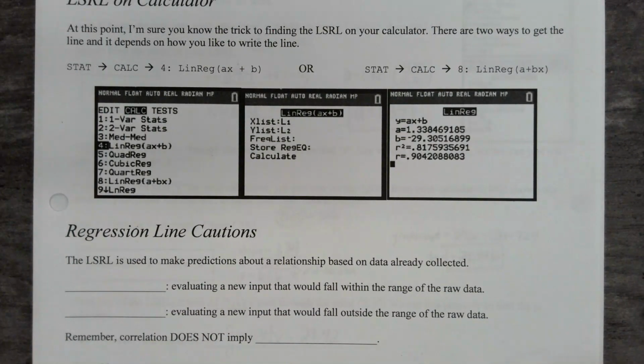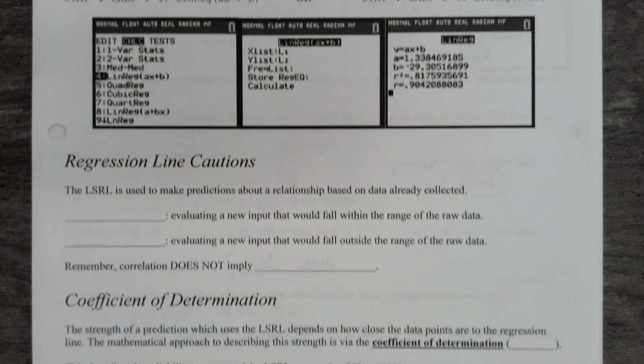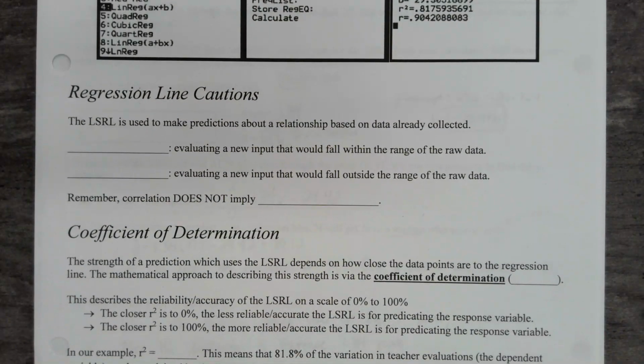All right, one other thing that I want to talk about is how we use our least squares regressions to make predictions. Now, before we were making predictions and finding what your values would be if you had an 81 as your score and what the predicted value would be for the teacher evaluation.